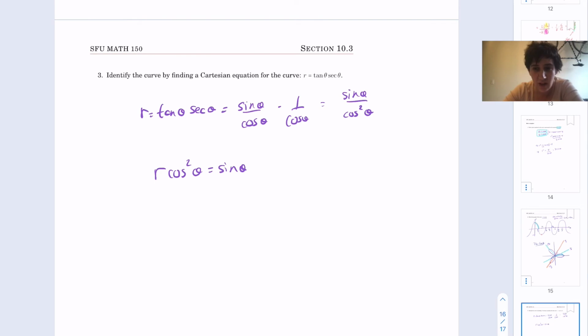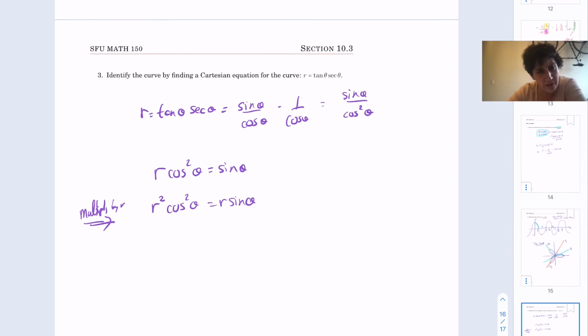Well, I'm going to multiply both sides by r to see. I get r squared cos squared theta is equal to r sine theta.